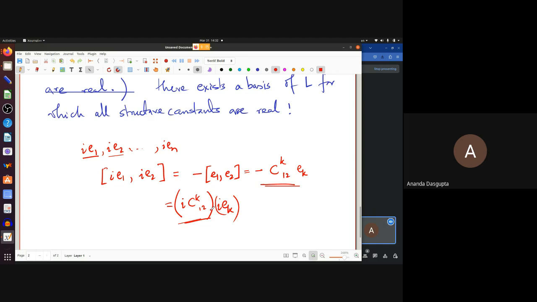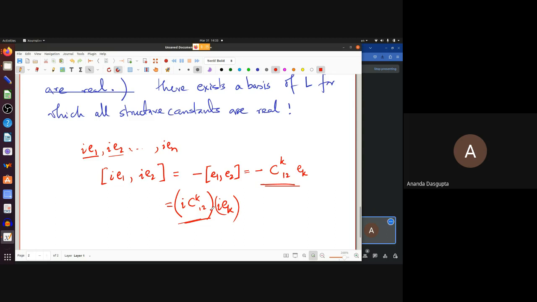And you could very well talk of an angular momentum algebra where all the structure constants were actually real. That would be very easy to do. Instead of using J1, J2, J3, just use iJ1, iJ2, iJ3. That will give you the algebra where all the structure constants are real. This is important. Structure constants depend on your choice of basis.